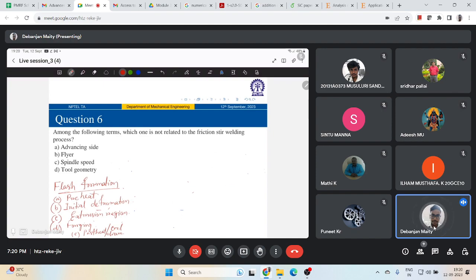So what is happening at those locations? I'm not going into the schematic because it is a big schematic I would need to draw again and again, so let us try to understand verbally. The preheat zone is basically ahead of the pin.